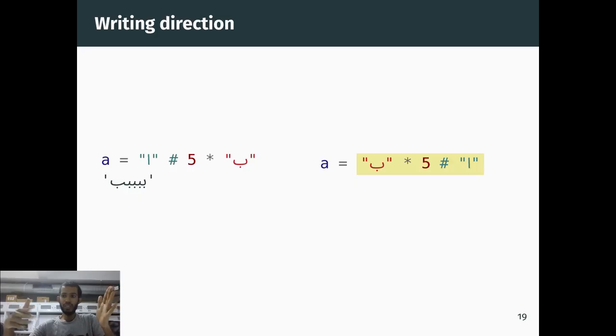So 5 and the special characters will go with the flow. What really influences the writing direction are the Arabic letter ba in the string and the aleph as part of the comment. So only that part will be written from right to left when it's being rendered, and the A equal to part will be rendered as it is, from left to right.